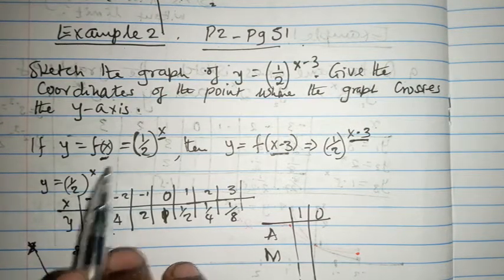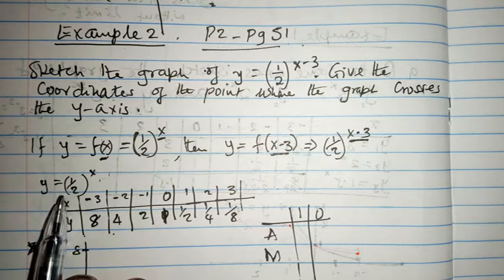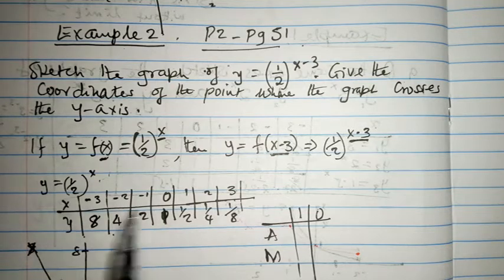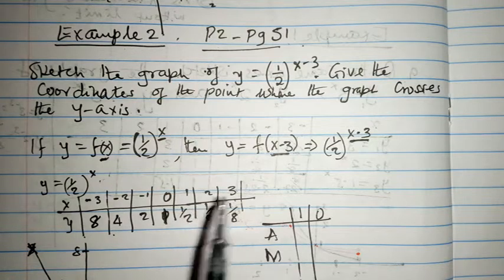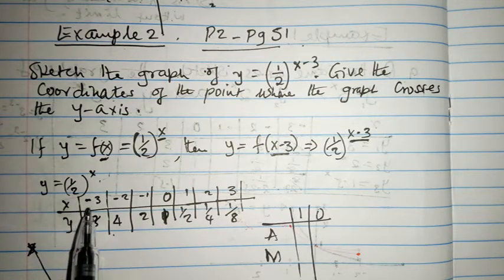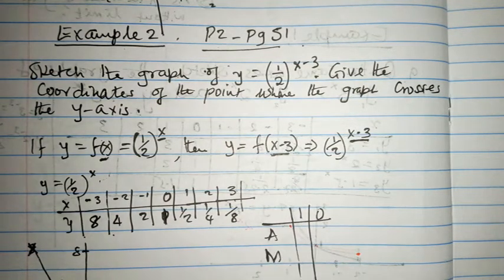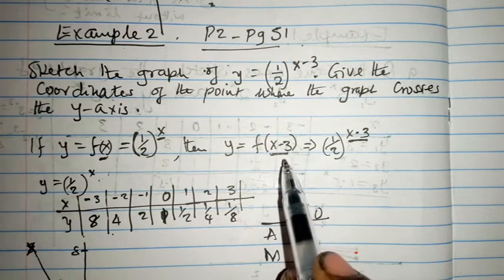So if we wish to sketch y equals a half raised to power x and tabulate its information here, we may have the values of x and y. Let me start with x being equal to minus 3, because we already have 3 steps here, so we want to see how it behaves when we translate it 3 steps.